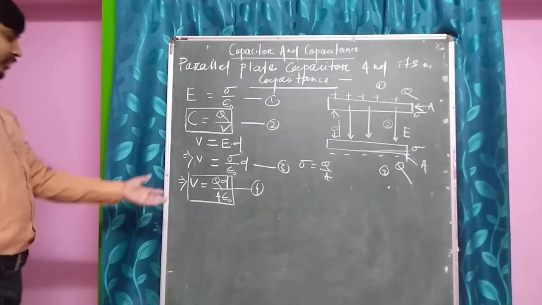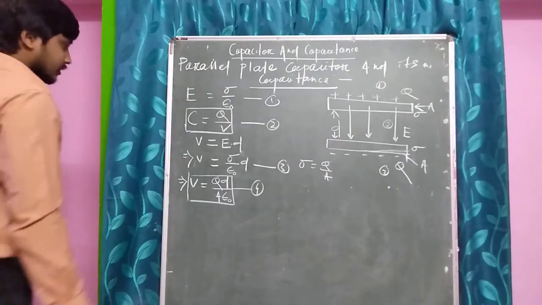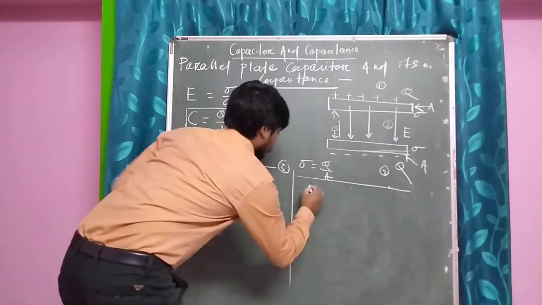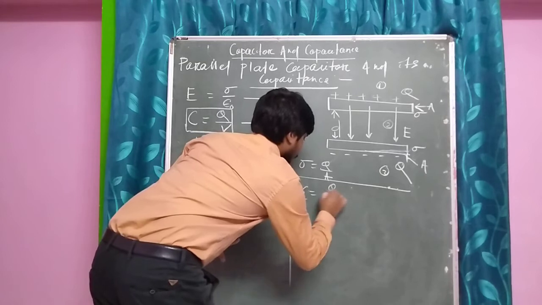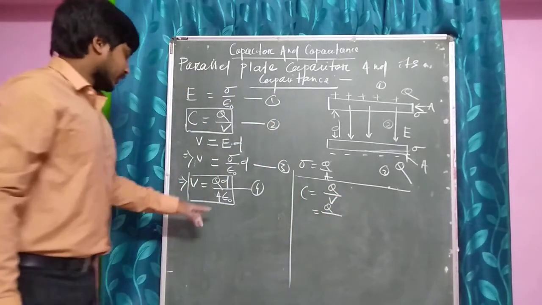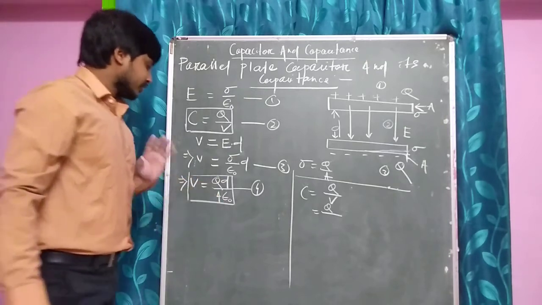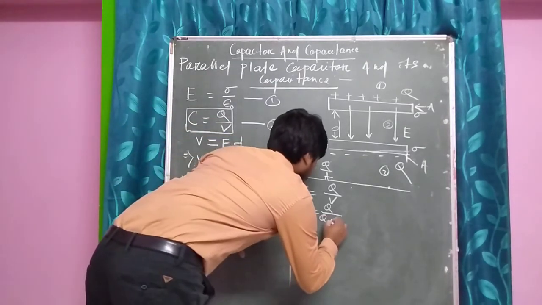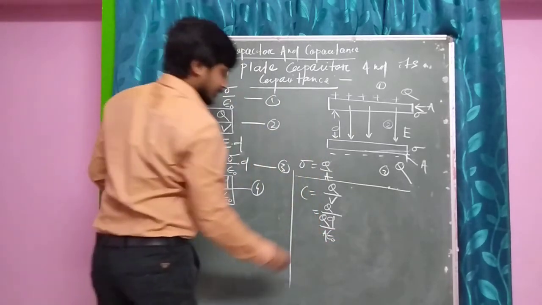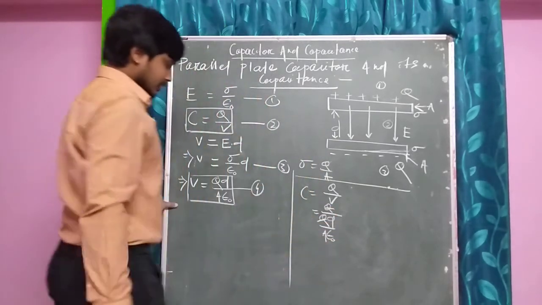So now we can easily find the capacitance. Here C will be equal to Q by V, that is Q by Q d by A epsilon naught, and we can see that Q will be cancelled.